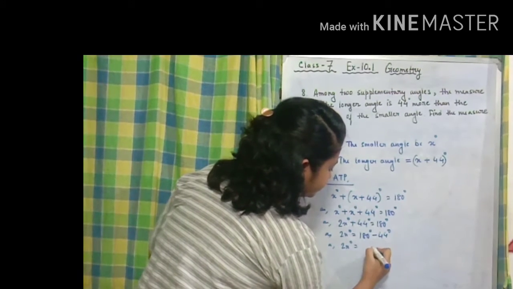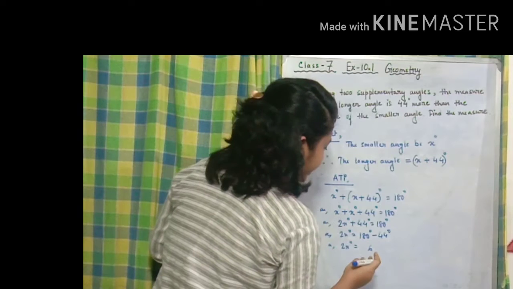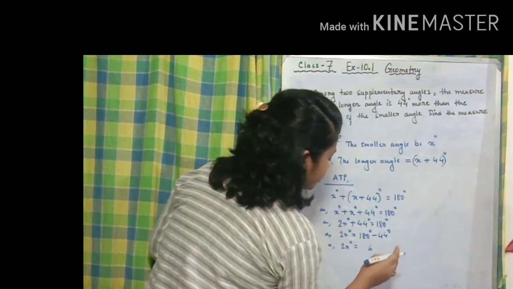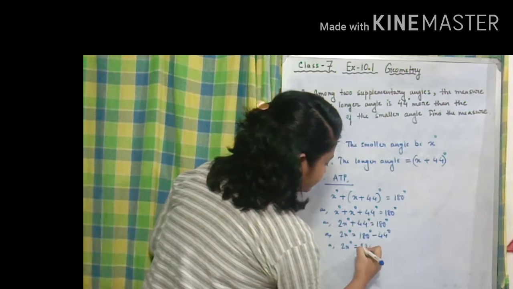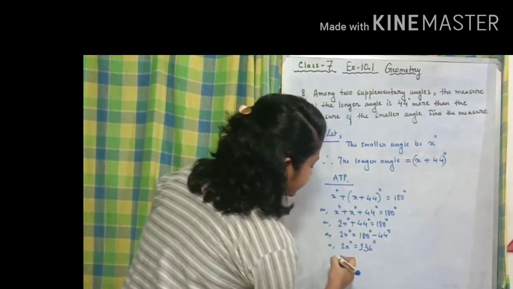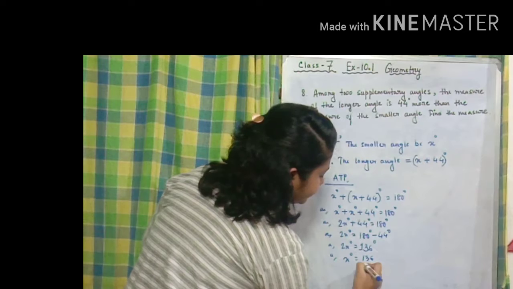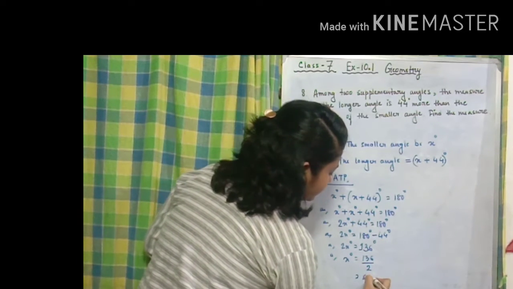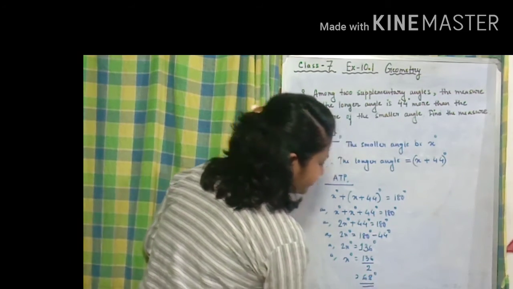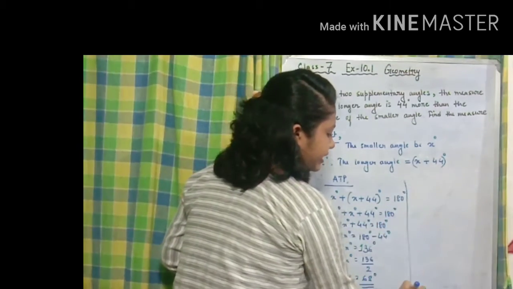So here 10 minus 4 gives 6, 8 got cancelled, 4, so 136 degree, or x is equal to 136 divided by 2, that gives 68 degree. Okay, now we can understand the smaller angle is 68 degree.